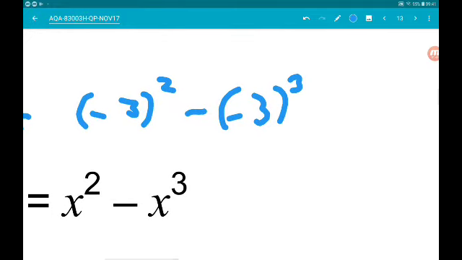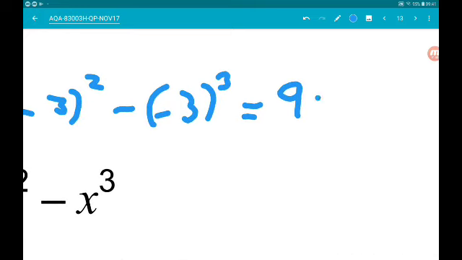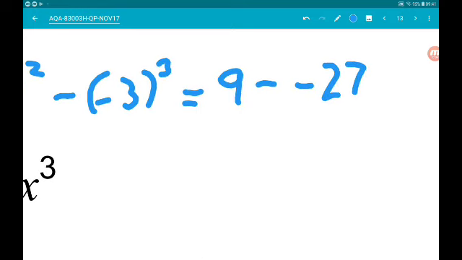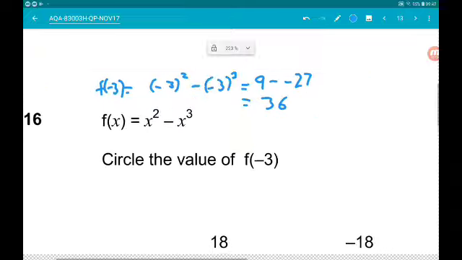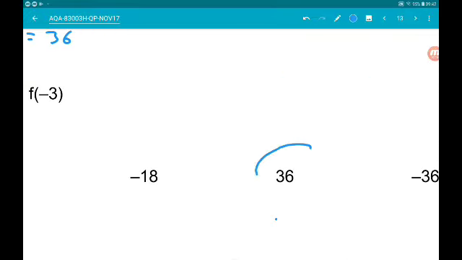Now minus 3 squared is positive 9, and minus 3 cubed is minus 27. So we got 9 minus minus 27, which is 9 add 27, which is 36. Cool.